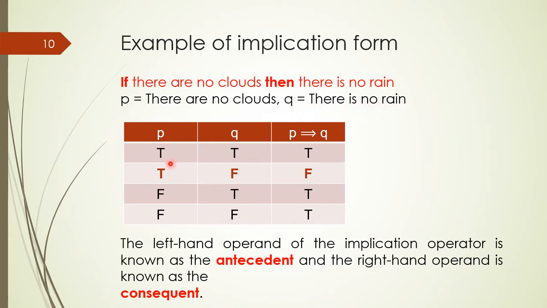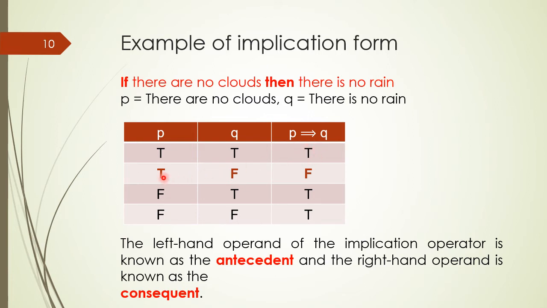So P is true means that there are no clouds, and Q is true means that there is no rain. If there are no clouds, then there is no rain, so logically its truth value is true.